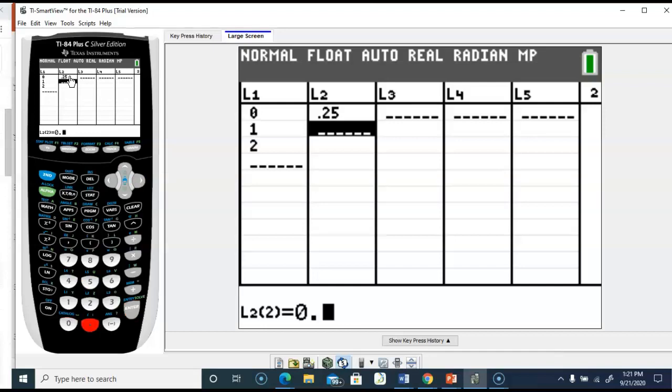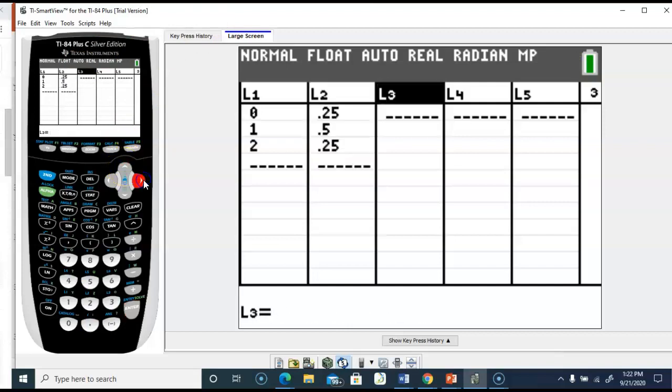Probability of 1 was 0.50. And the probability of 2 was 0.25. Now we're going to let the calculator do some of the work for us. It's not that impressive on this problem because this problem is so small, but if we get a much bigger probability distribution, it can be very helpful.